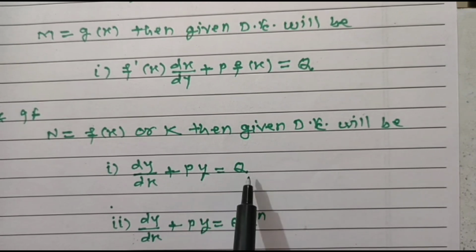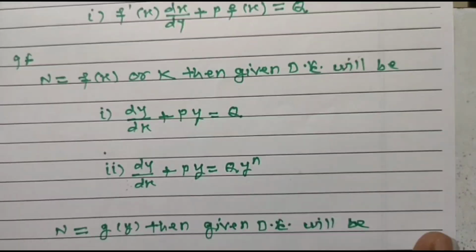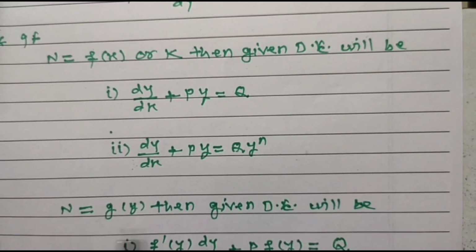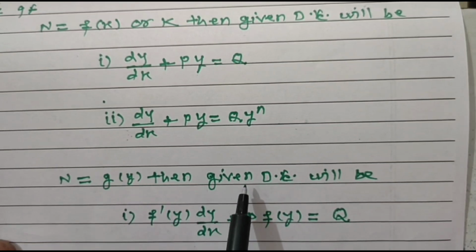Okay, here p and q are functions of x only or constants, and here also p and q are functions of x only or constant. Now if suppose N is a function of y only, then the given differential equation will be reducible to f dash y dy by dx plus p into f of y is equal to q.